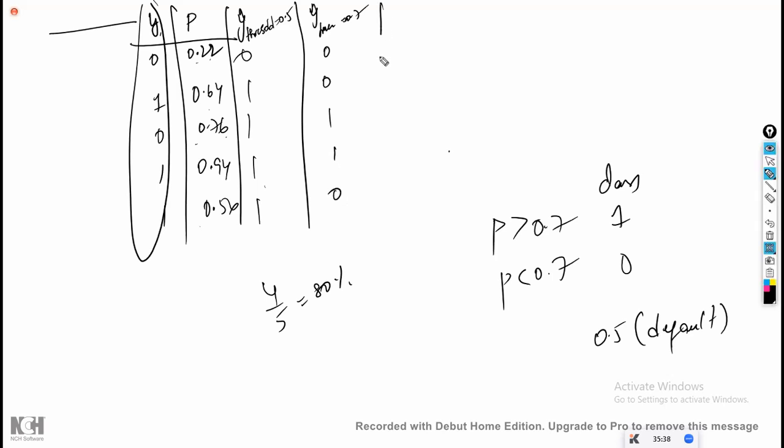Now if I change the threshold to 0.8, whatever value is less than 0.8 should be converted as class 0. Wherever the value is greater than 0.8 should be converted as class 1. Probability is not going to change. Based on the threshold, answers are going to change. So 0, 0, 0, 1, and 0.